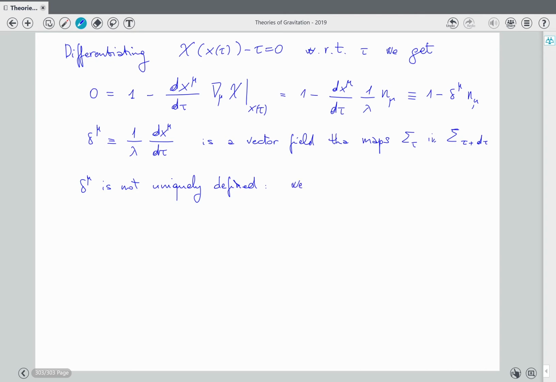We just need any delta mu such that delta mu n mu is different from 0. So that is the generator, if you want, of the flow.